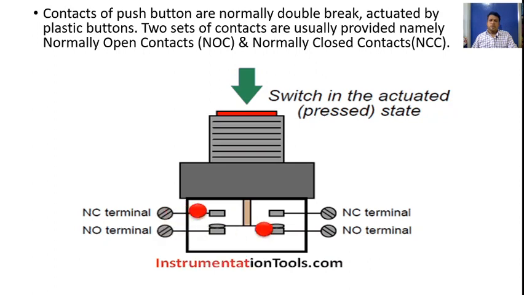The switch in the actuated, pressed state is shown by the arrow mark here. If you release it, it will come back up. Here this is the NC terminal and this is the NO terminal, meaning normally closed and normally open. This one is normally open, and this is the normally closed one.